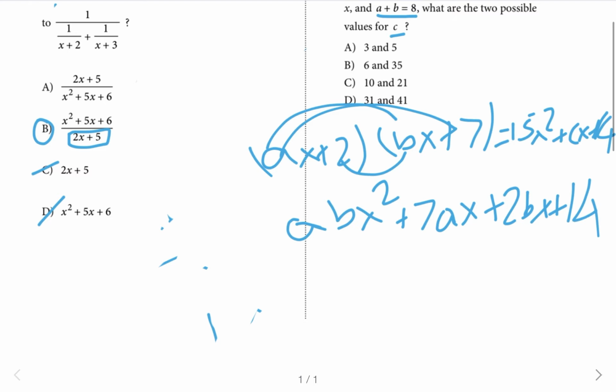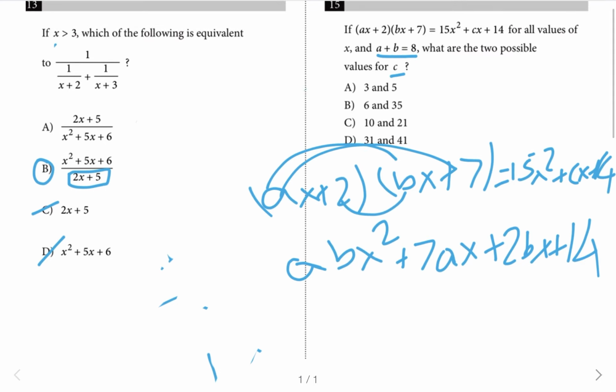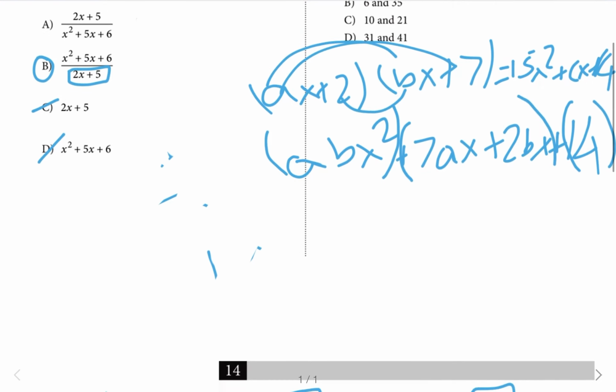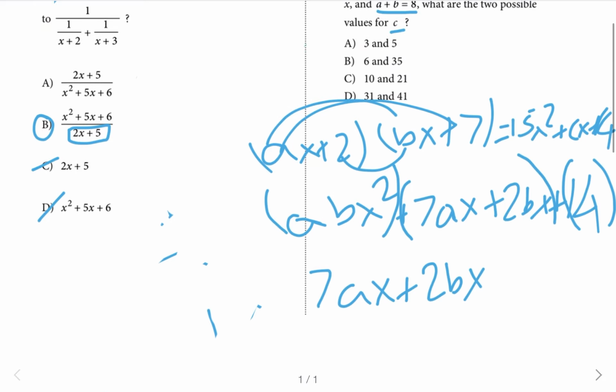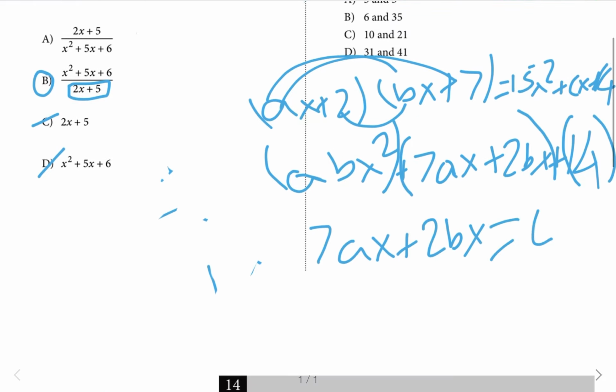Now when we look back at the equation, we have our three terms, abx squared, and our constant term is 14. Our middle term is going to be 7ax plus 2bx. So that's what we want to focus on, 7ax plus 2bx, and that is our value, which is equal to c.